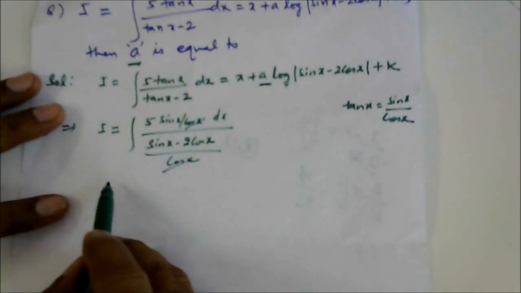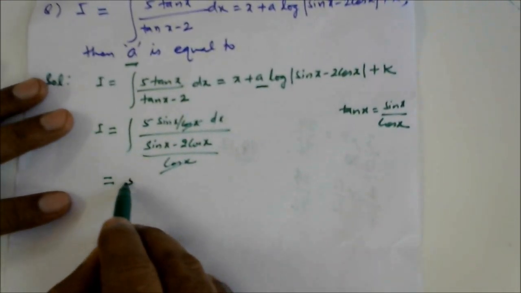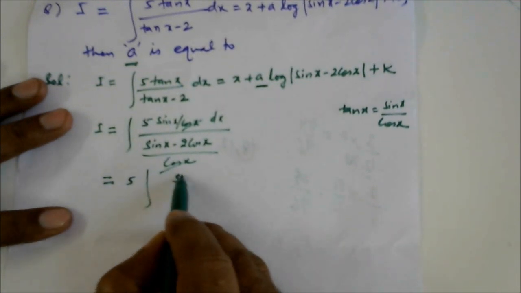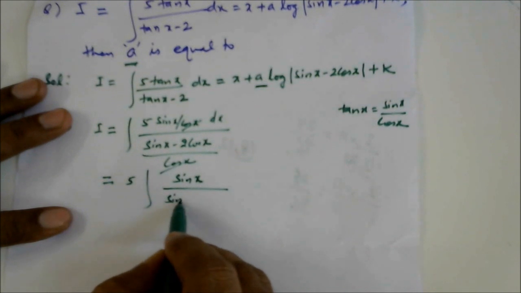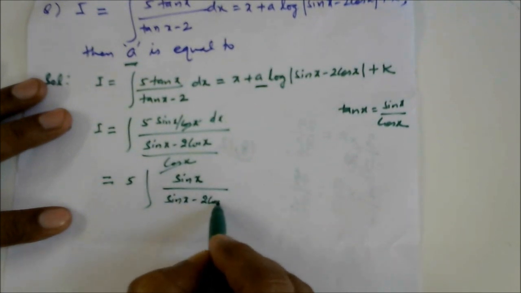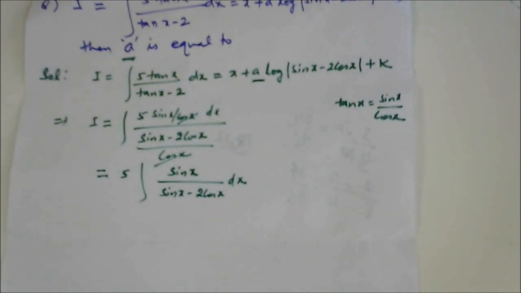Okay, then next one. So this 5 constant will come outside, and we will put it as sin x by sin x minus 2 cos x dx. Now we need to utilize the partial fraction method.